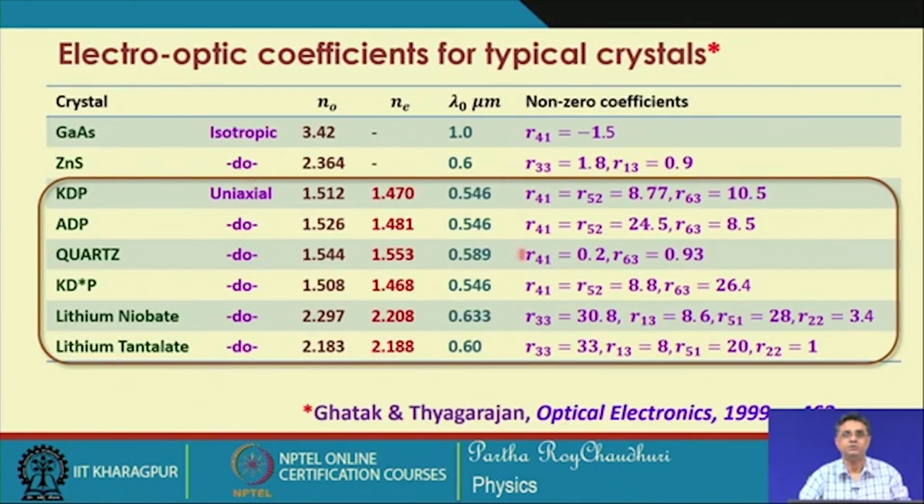Now, we provide a list of various crystals. This we have already mentioned, but this time we are at this region, that is uniaxial crystals, KDP, ADP, quartz, KDP, then lithium niobate, lithium tantalate.